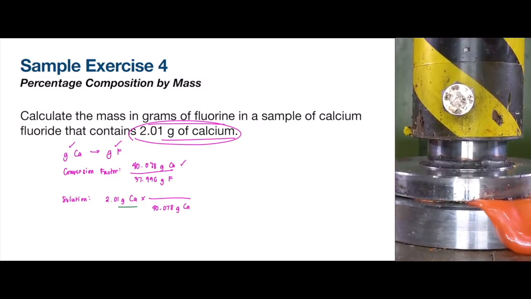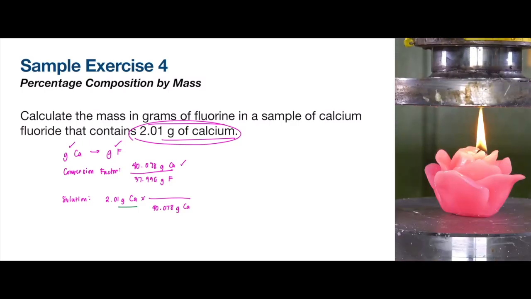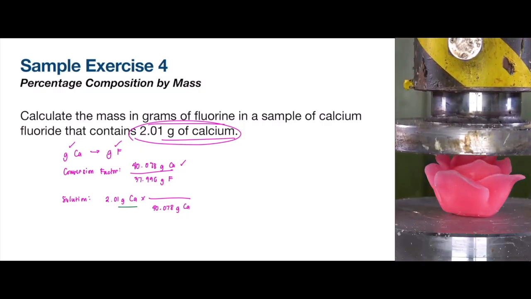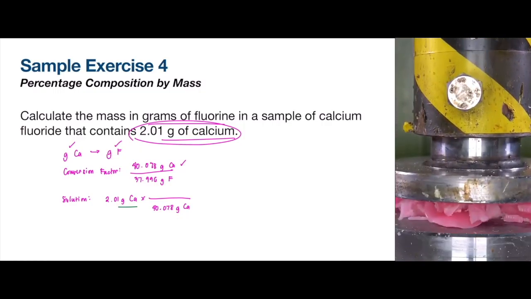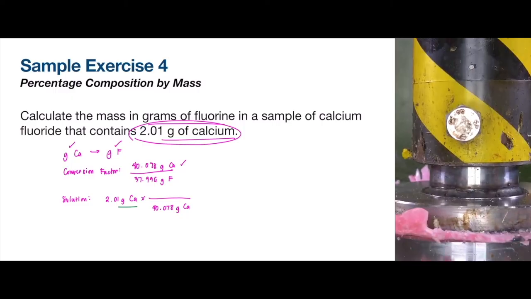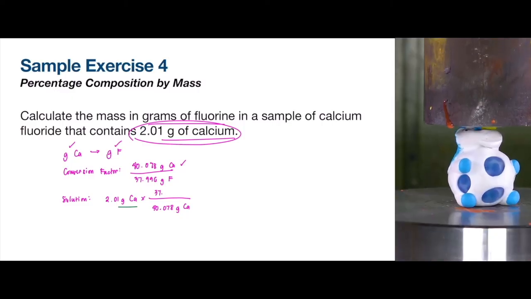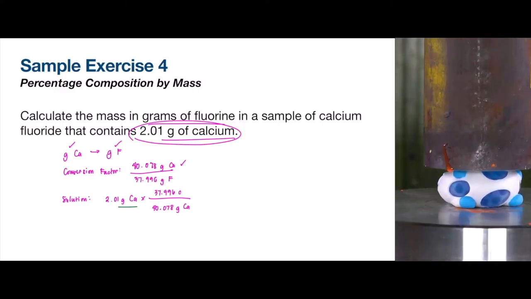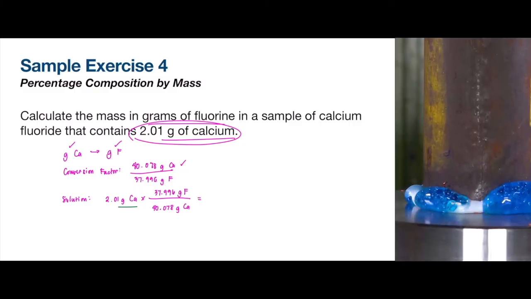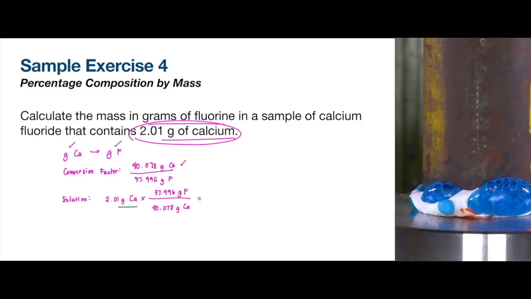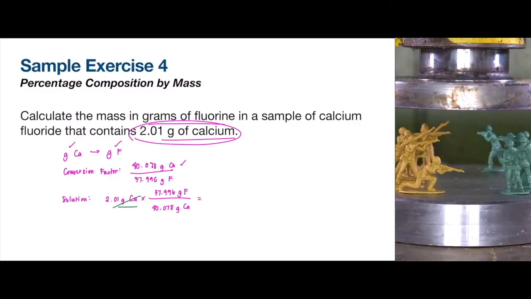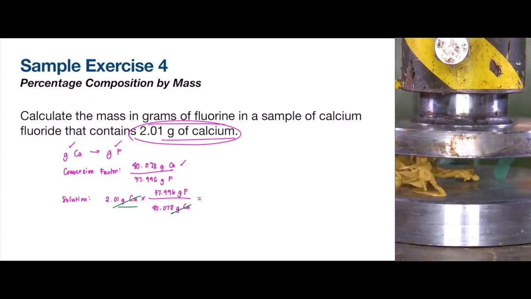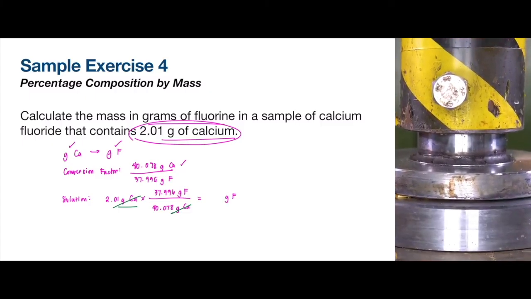Again, you can flip the conversion factor either way depending on the given unit. And since this is our denominator, our numerator will be 37.996 grams of fluorine. This way, we can cancel our units. We can cancel this, and we will be left with grams of fluorine.